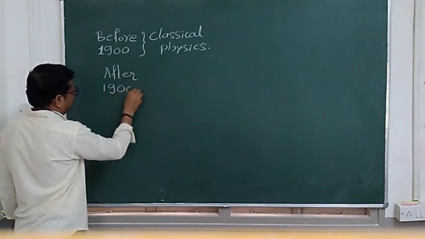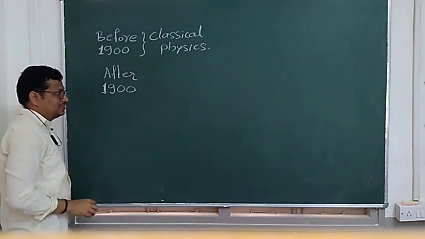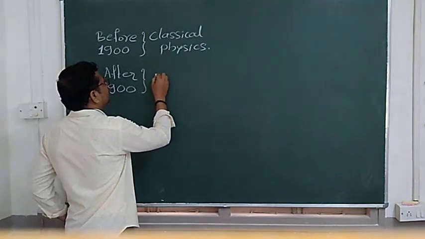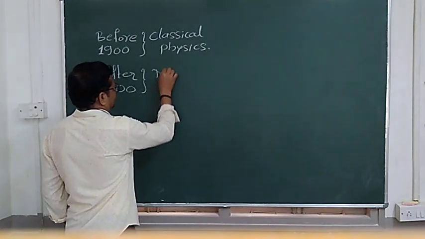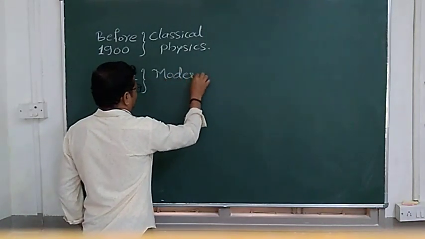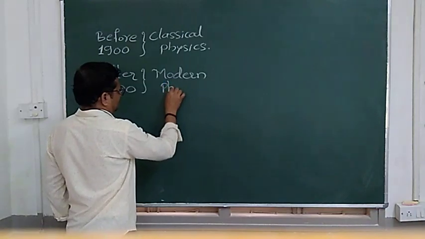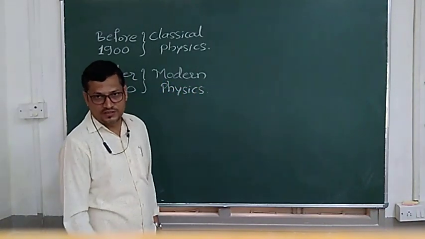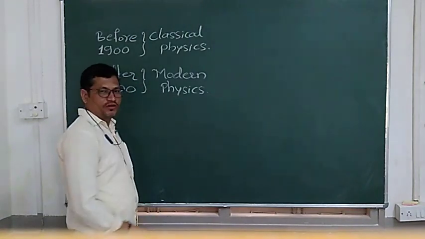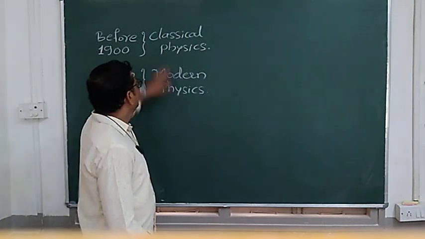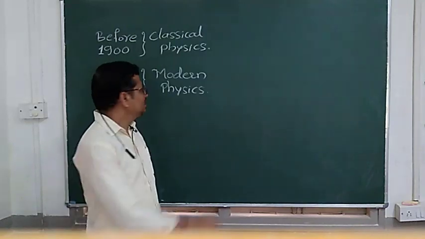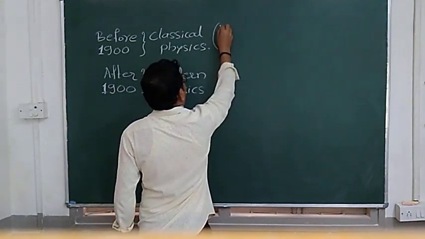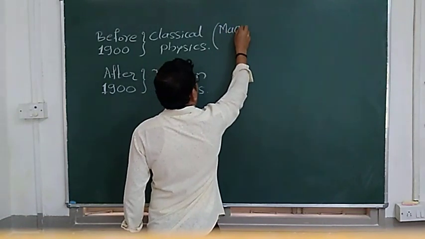And after 1900, whatever physics is there, that physics is called as modern physics. Modern physics, or it is also called as quantum physics. Quantum physics also it is called. So classical physics is nothing but macroscopic.